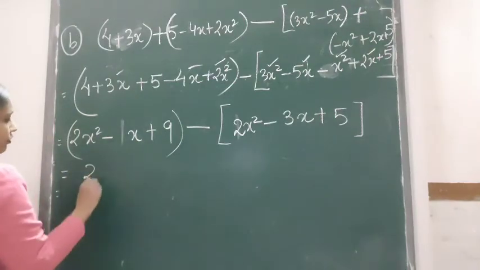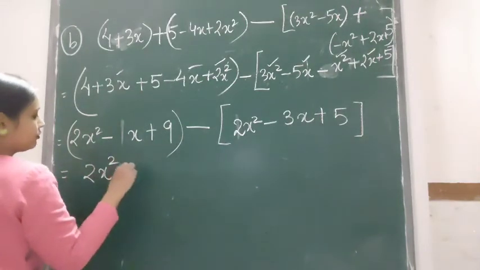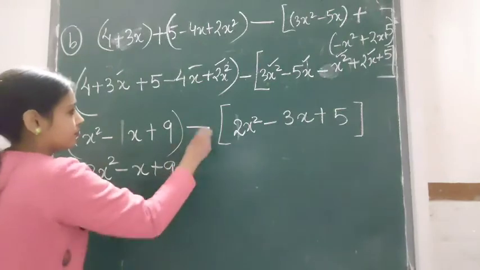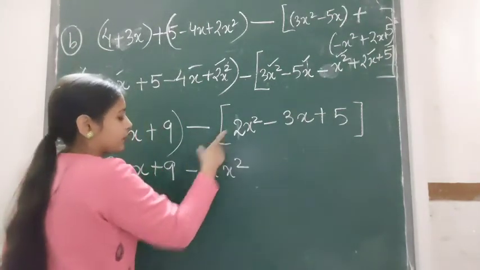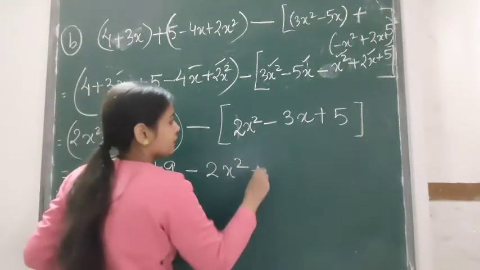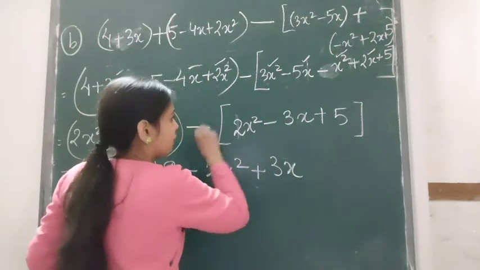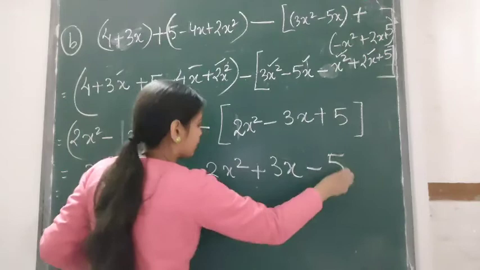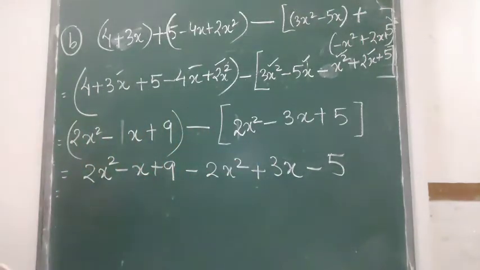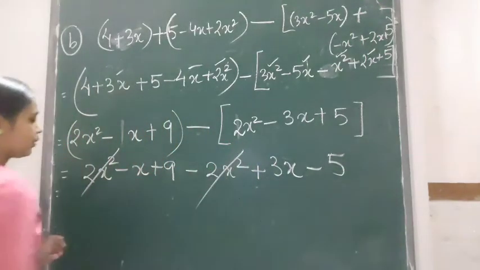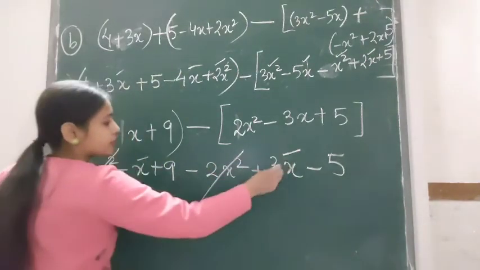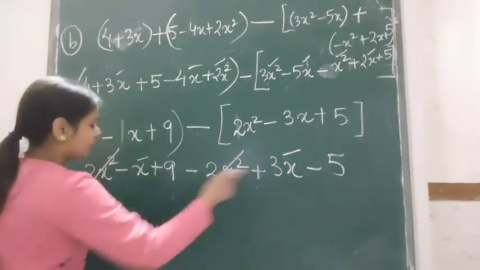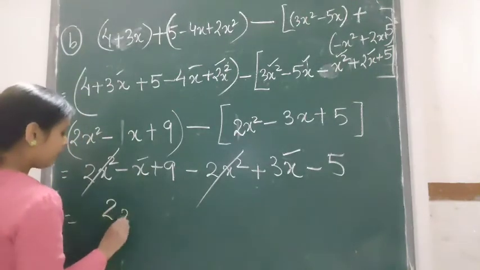Now we remove the bracket. Minus plus minus plus minus plus. Square into x square goes, minus x and plus 3x. Minus plus is minus, so 3 minus 1 gives us 2x.